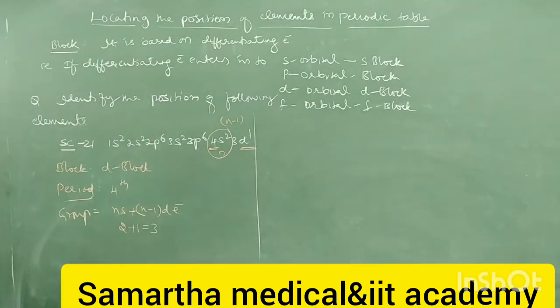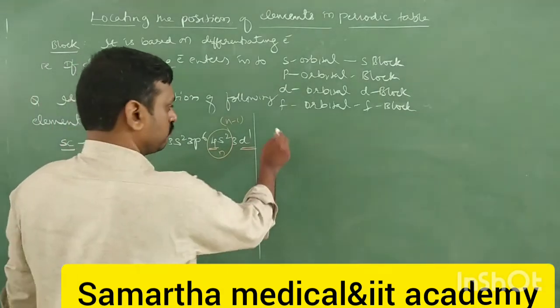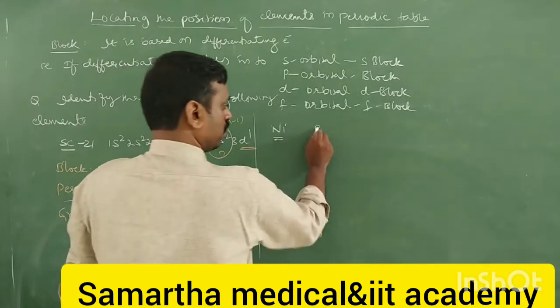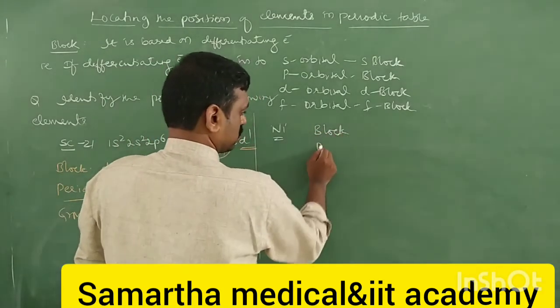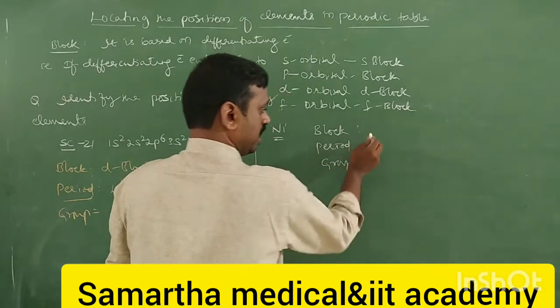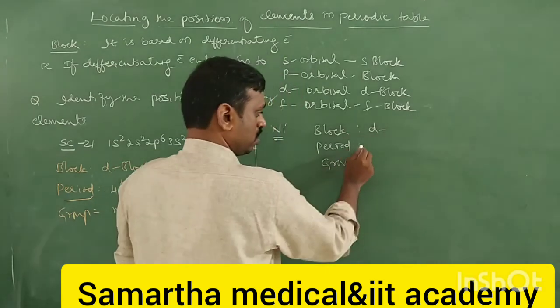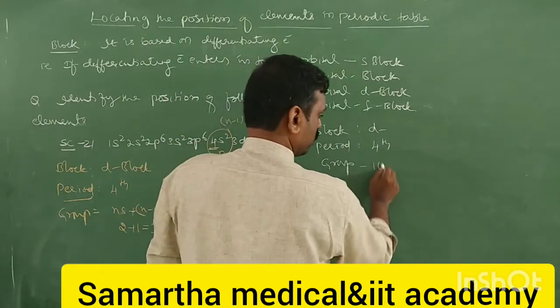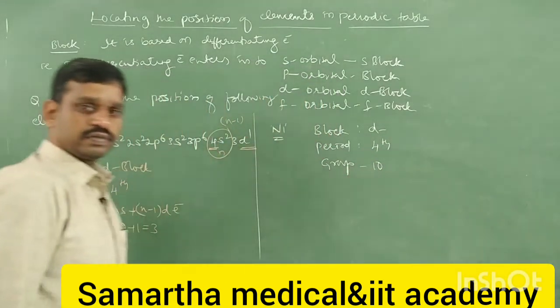Similarly, the next example is nickel. Tell me, nickel, what is the block? D block. Fourth period, 10th group. Correct?